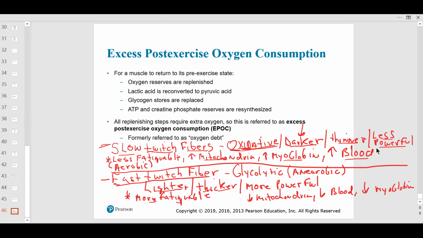So the power lifter, more of the fast twitch fibers are used. In the Ironman or the triathlete, it's more slow twitch fibers that are recruited. Sometimes both, right? So you start out, like the girl who's running, she starts out with her fast twitch fibers. She's using glycolysis. That's why this is called glycolytic.